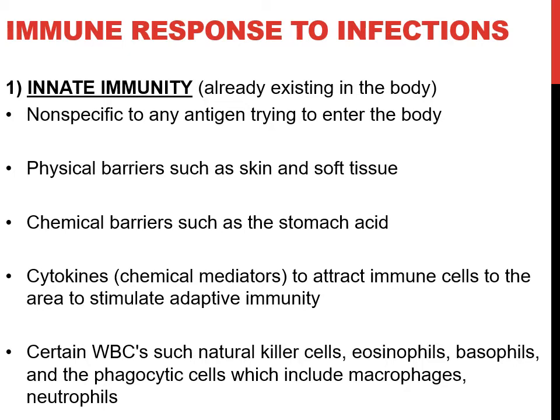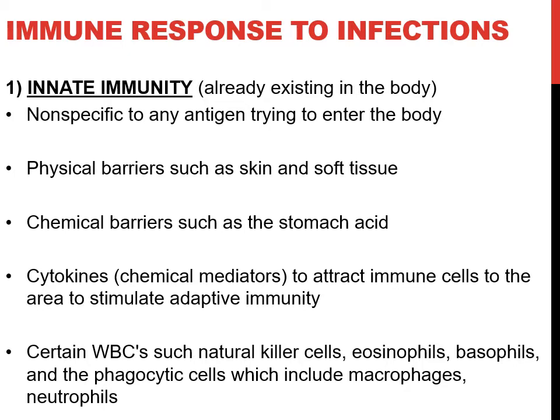There's also cells that are in the innate immune system that are just ready and waiting for a potential invader. And these are typically macrophages that can engulf a bacteria or a virus within the macrophage and then destroy it.